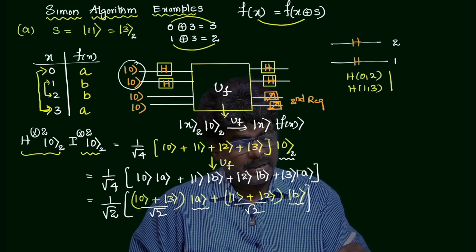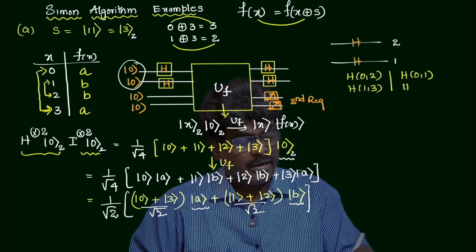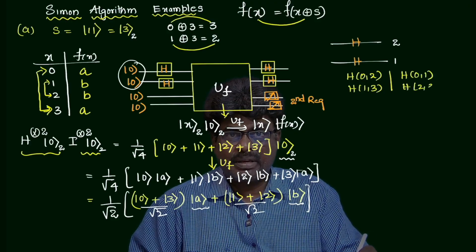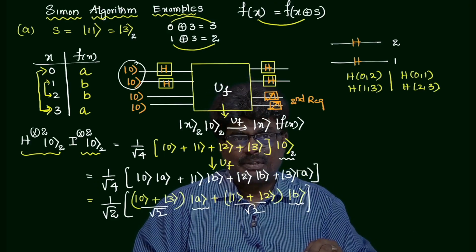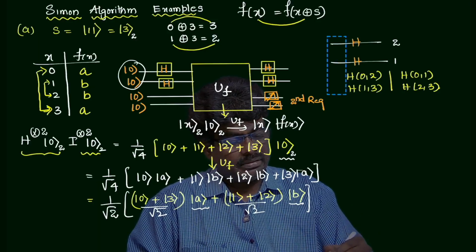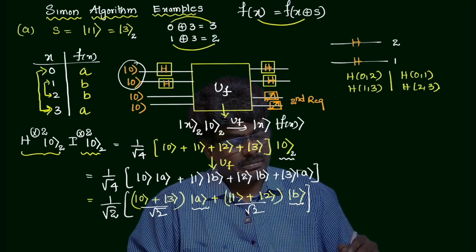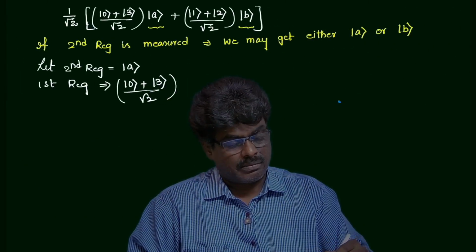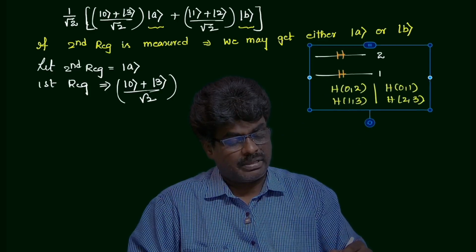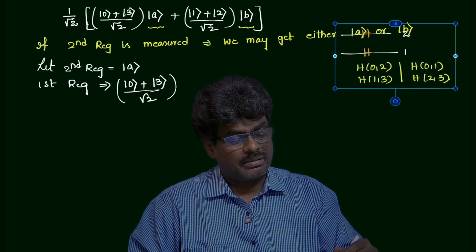The next Hadamard operation is on 1, that's why H of 0 comma 1, and you have to add 2 comma 3. So the same thing, let me copy here. This is the Hadamard operation.